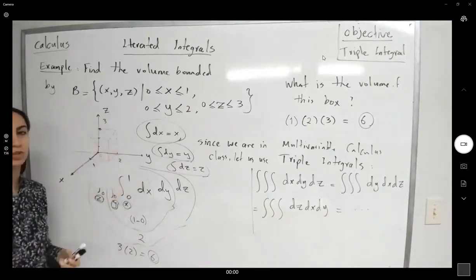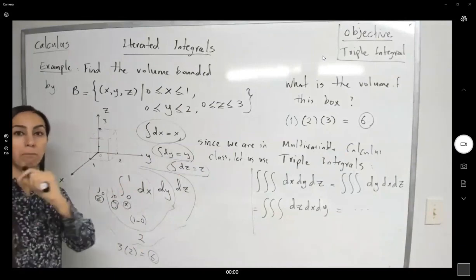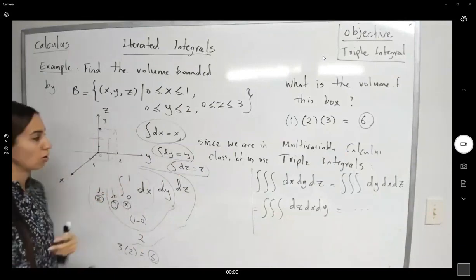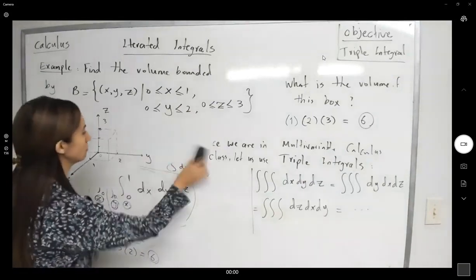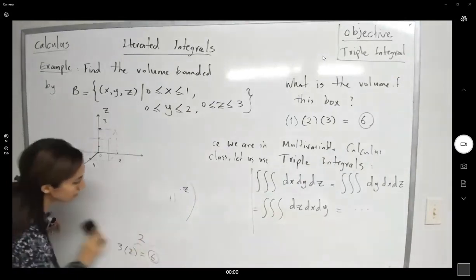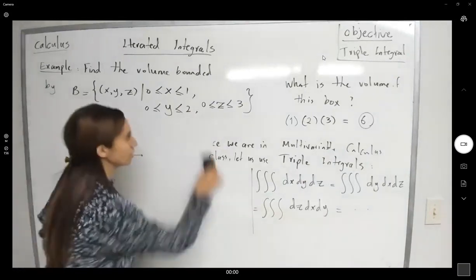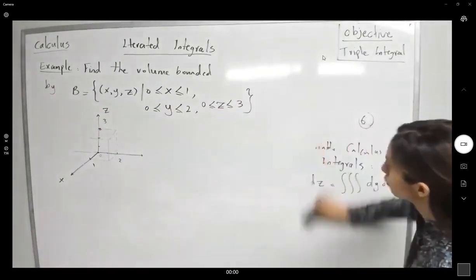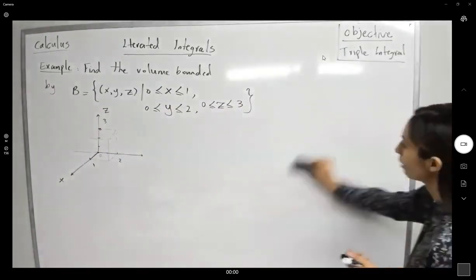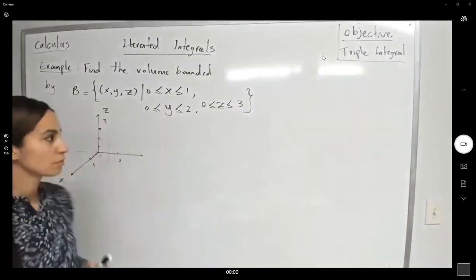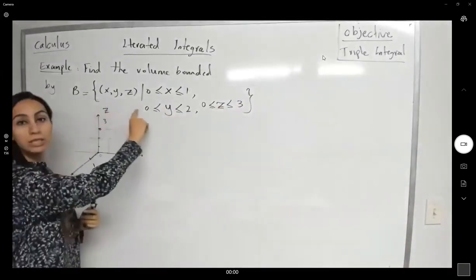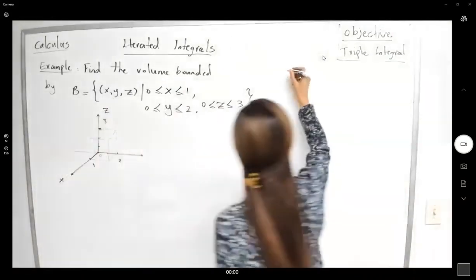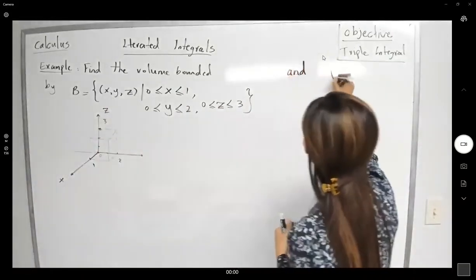I'm interested in calculating the volume bounded by that 4-dimensional object and this 3-dimensional object. So the question says, find the volume bounded by this 3-dimensional object and this 4-dimensional object.